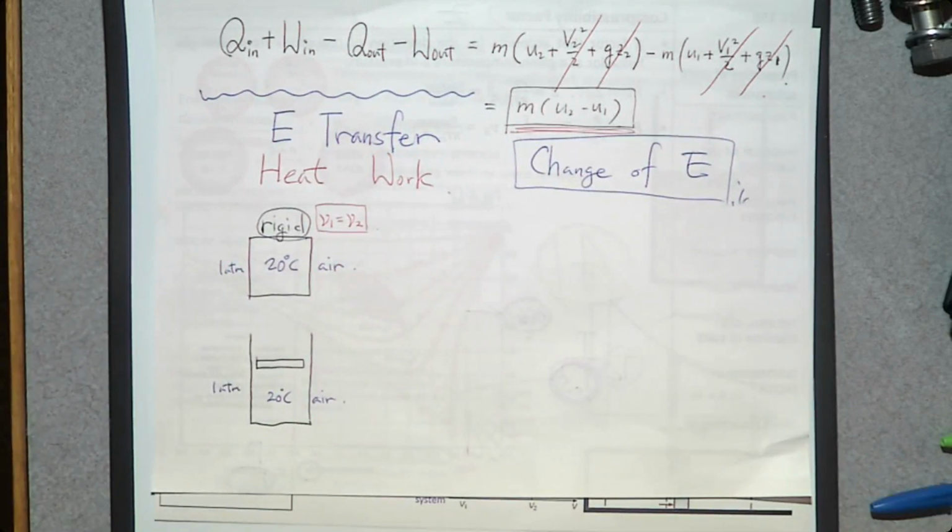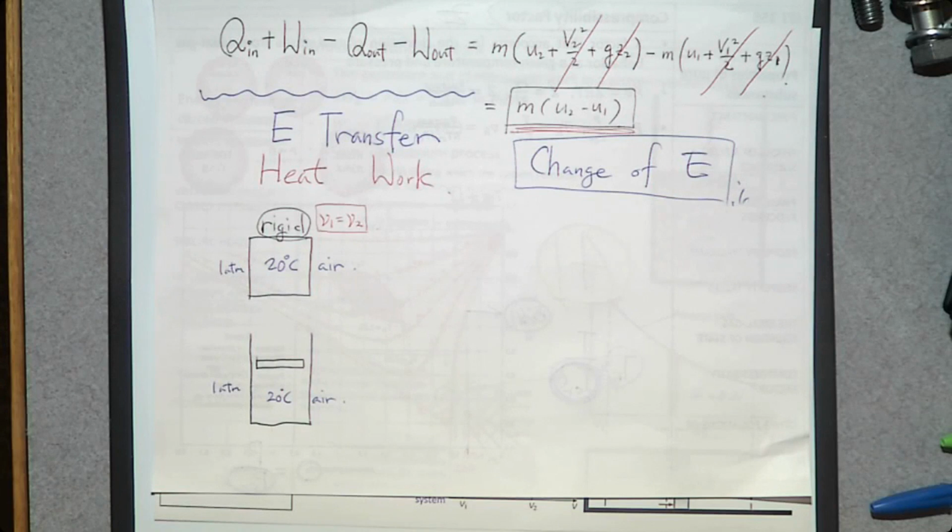Are they the same system or not? Are they the same in terms of the system? Wait, they look different. One is a rigid container, the other one is a piston cylinder device. Are they different? Then the question is, what is your system here?